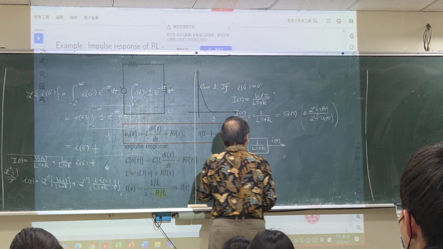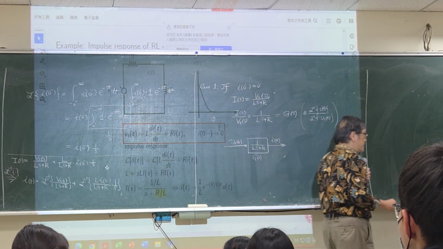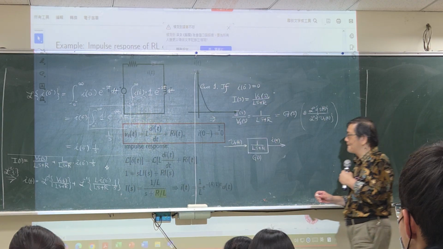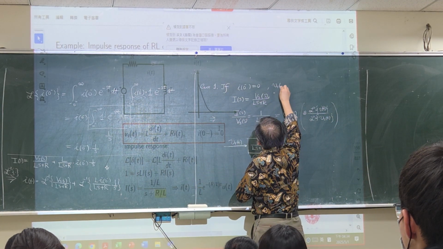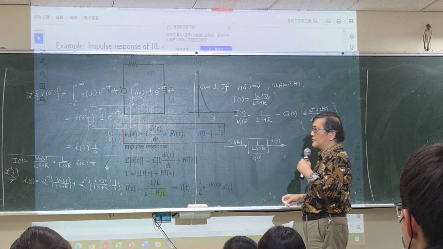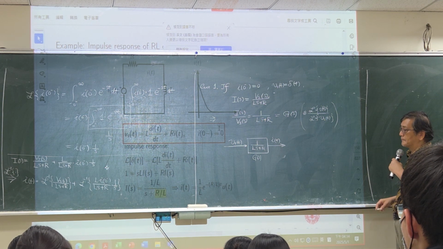And what is the solution if we follow the impulse? What about the impulse? Okay, let's assume the system input is the impulse function, u(t).